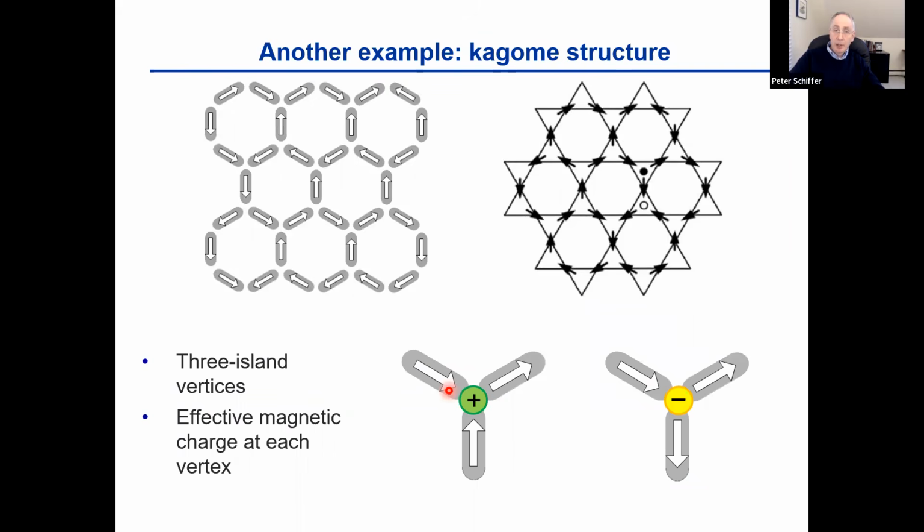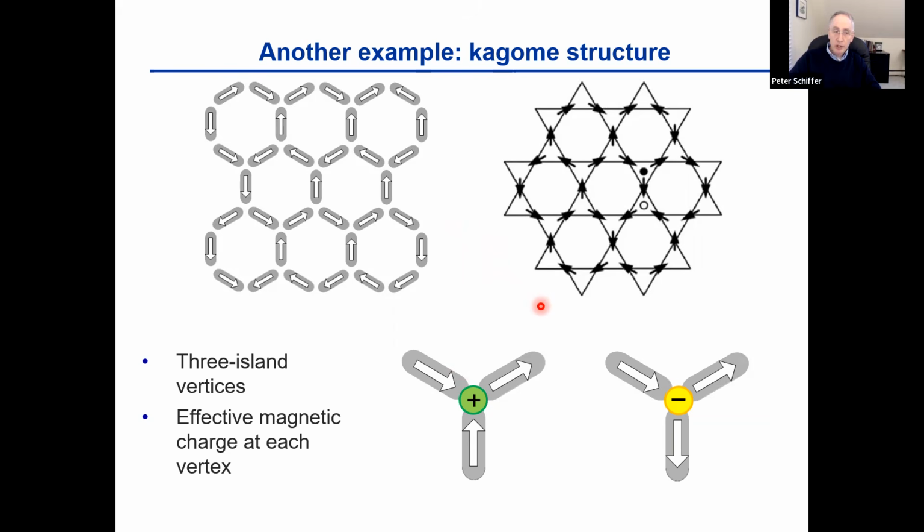Another example that people studied a lot is something called the Kagome ice, or Kagome structure. It's also called the honeycomb structure for obvious reasons. This is a very famous model in statistical mechanics, a very, very famous lattice. And actually, there are a lot of materials with Kagome structure, two-dimensional materials that people spend a lot of time studying.